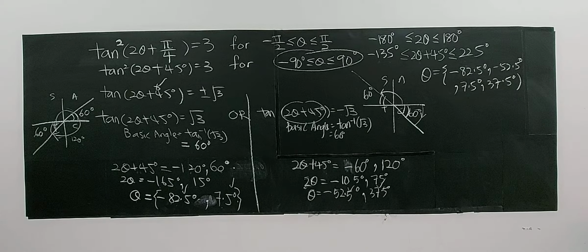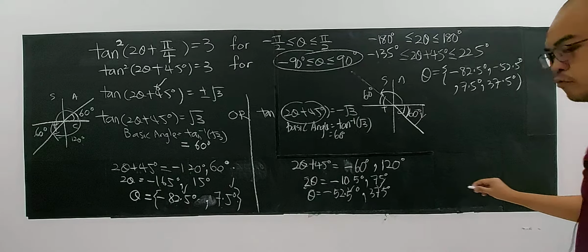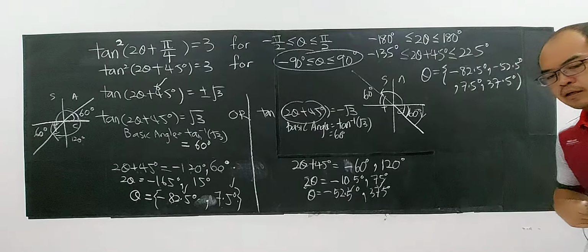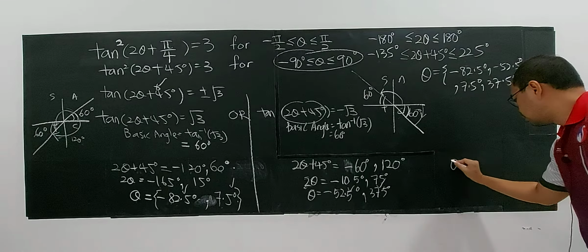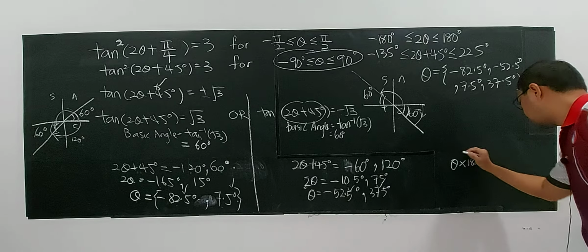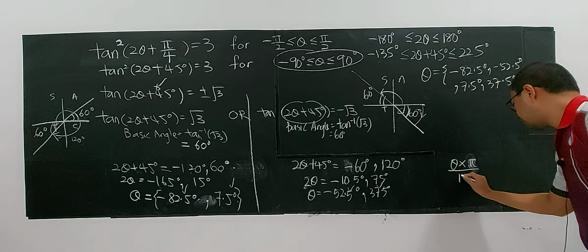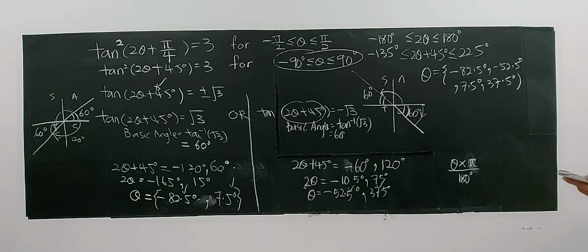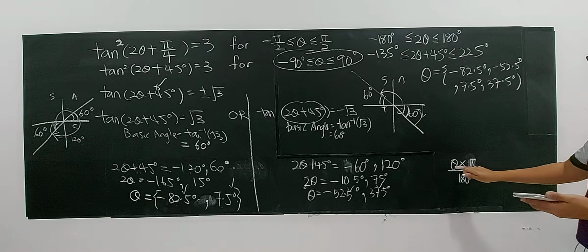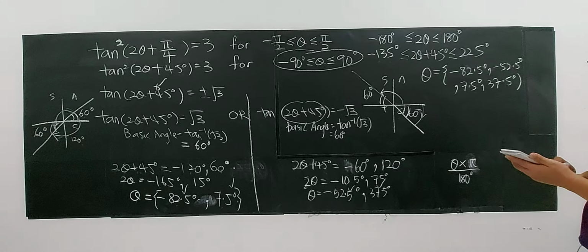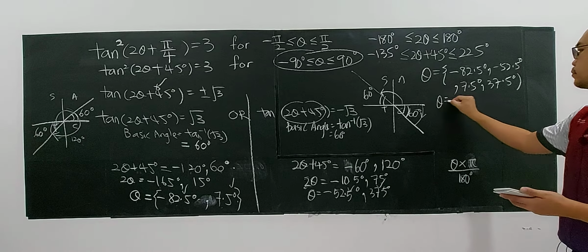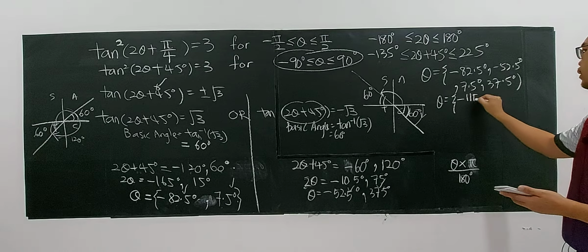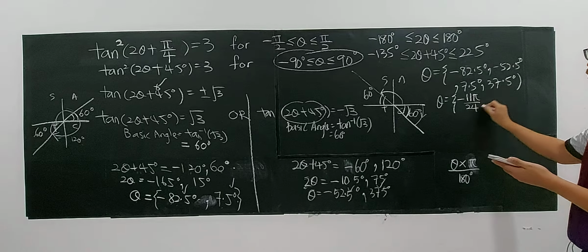I convert to radian form here. The formula to convert from degrees to radians is you multiply by pi over 180. So negative 82.5 multiplied by pi, divided by 180, you have negative 11 pi over 24.